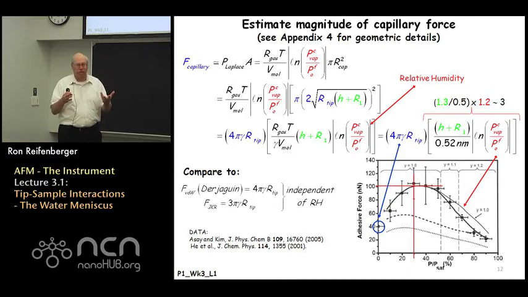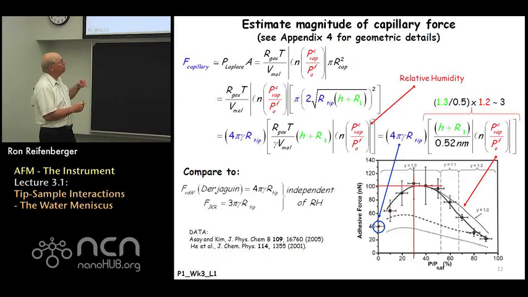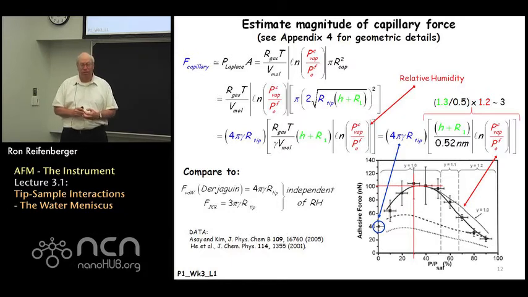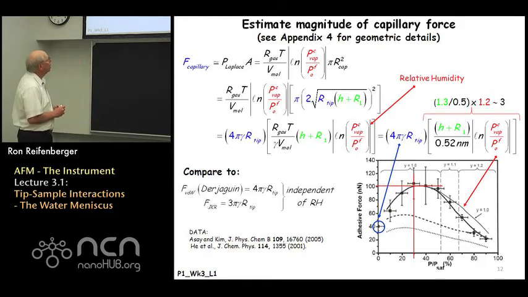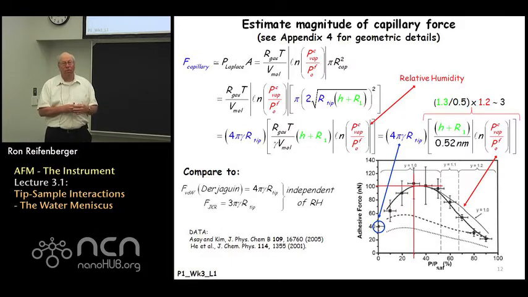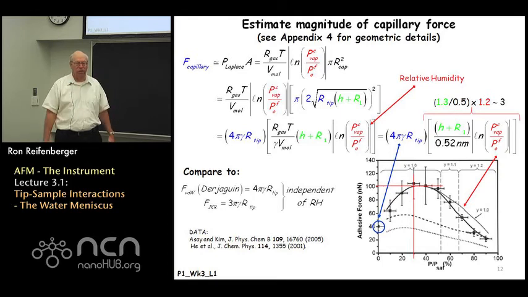Again, there's a geometric discussion in Appendix 4 that allows you to estimate in a reasonably straightforward way this parameter r sub cap that appears in the first equation. What I show in that appendix is that r sub cap can be estimated in terms of the square of the quantity 2 times the square root of the tip radius times the thickness H of the water layer, plus the radius of curvature R1, the smallest radius of curvature that characterizes this liquid meniscus layer.